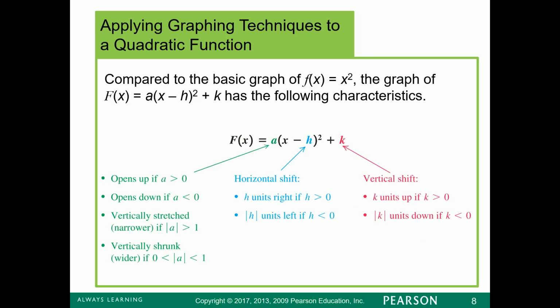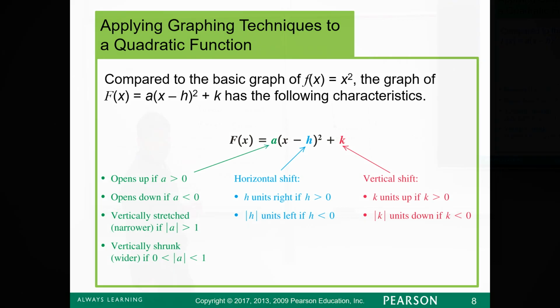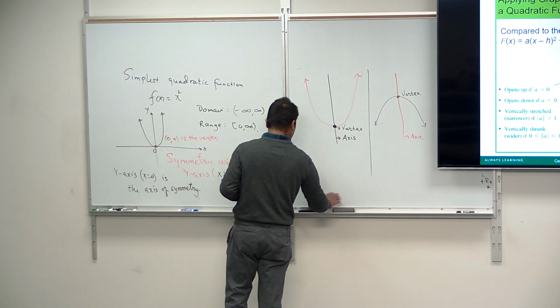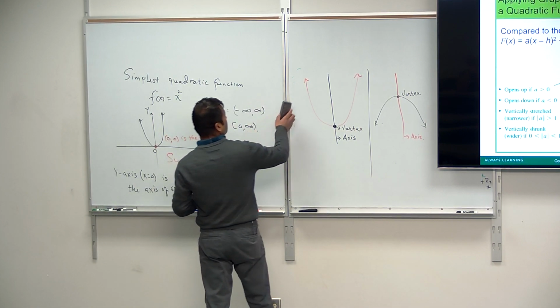Now, you see this is the parabola f(x) equal to x squared. Let me write down here.